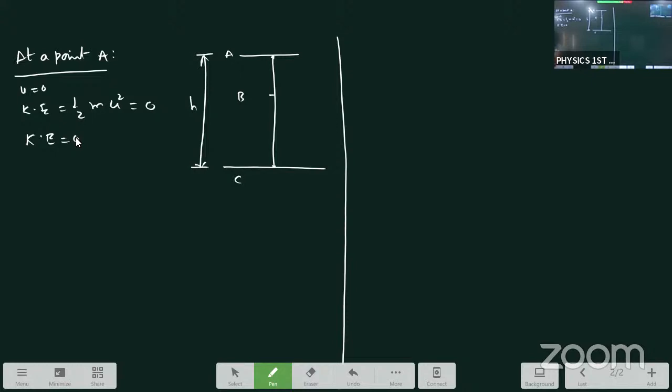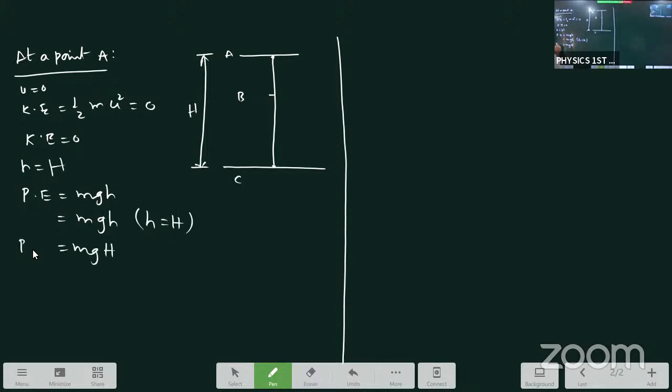Now, potential energy. What is the height here? Height is H only, and I will make it capital H, that's better, no confusion at all. So the potential energy formula is mgH.